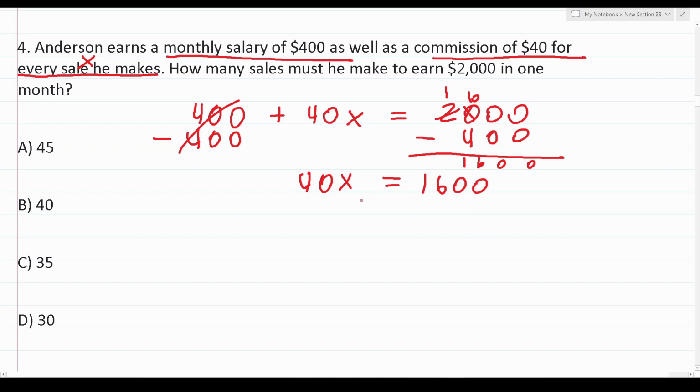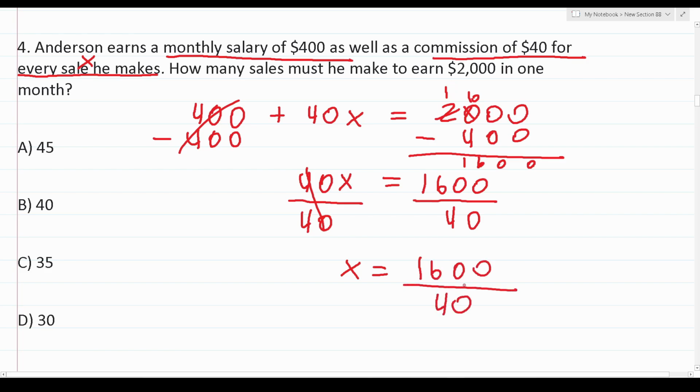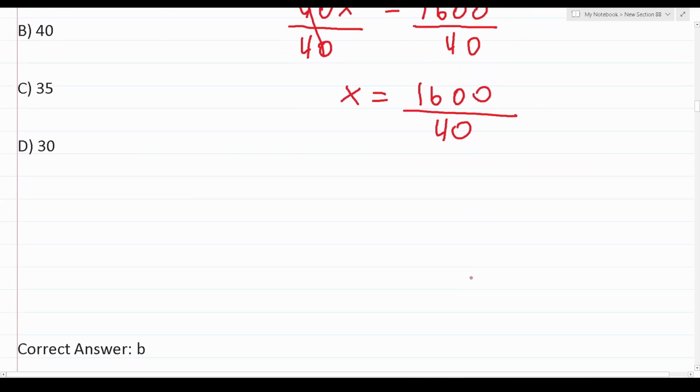All right, so now we're just solving for x. Again, that refers to the number of sales he has to make per month to make $2,000. So we'll divide both sides by 40 now to get x by itself. This says x equals 1,600 over 40. And at this point, you might be saying, well, that's pretty difficult to work out. But remember, we can cross out a pair of these corresponding zeros.